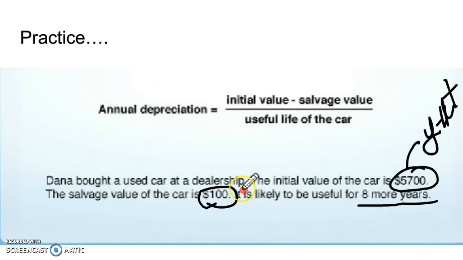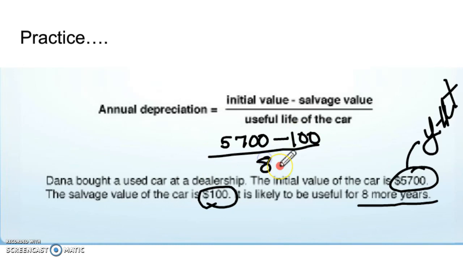So let's calculate our annual depreciation. 5,700 minus 100 divided by 8. 5,600 divided by 8 is 700.